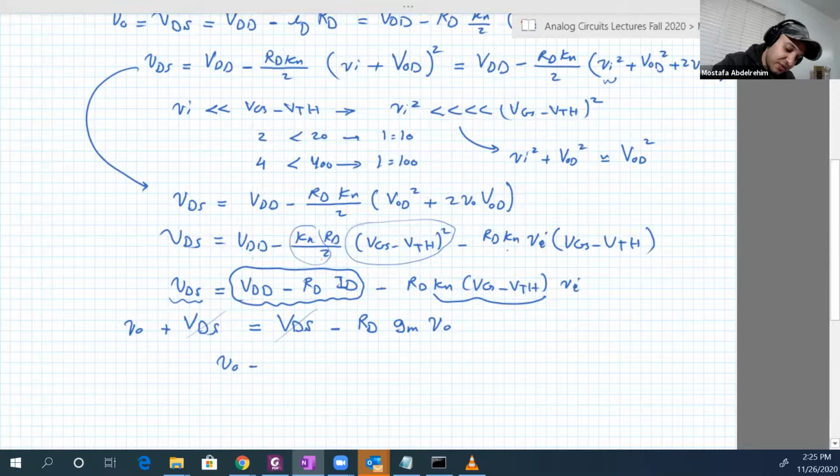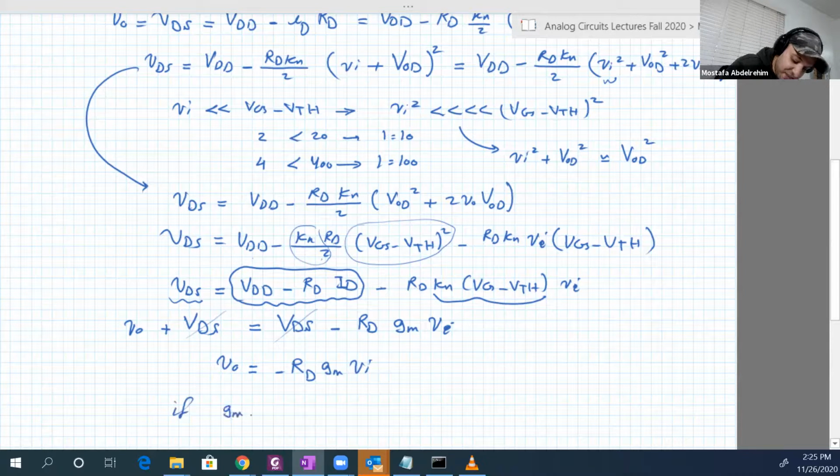I am very sorry, I just confused this. Okay, so DC is equal to DC, and the AC will be equal to the AC. So vo equals minus gm RD Vi. Now, if gm RD is larger than 1, we will have amplification.